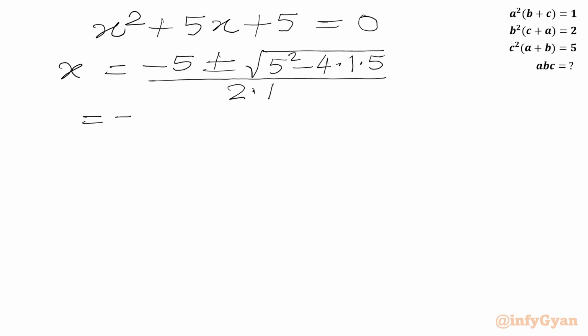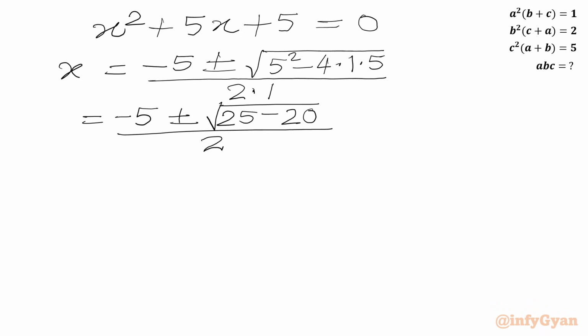This will be equal to minus 5 plus minus square root of 5 square is 25, 4 times 5 is 20, over 2 times 1 is 2. So we will be getting minus 5 plus minus square root of 5 over 2.